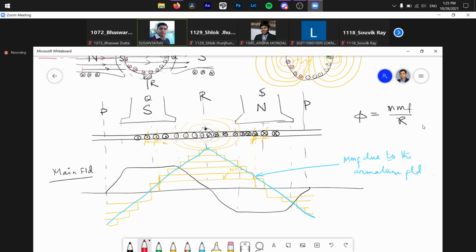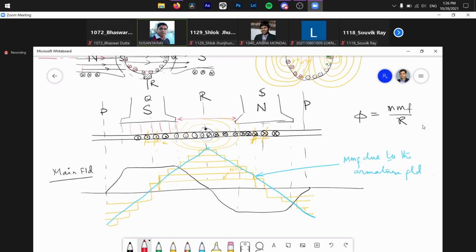You see here, up to this, the distance is this much, and up to the pole shoe. But between these two pole shoes, North Pole and South Pole, we don't have any magnetic material. So there is a huge air gap. That means between these two points, the reluctance will be very high.